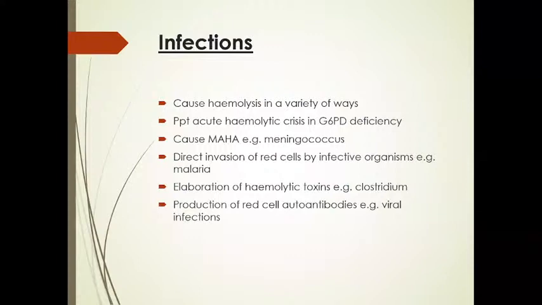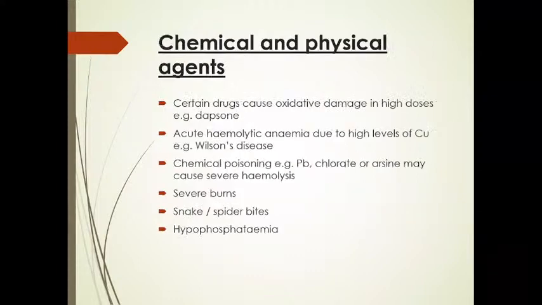So that causes hemolysis. Some bacteria, for example Clostridia, elaborate toxins that are hemolytic. Viral infections may result in the production of red cell autoantibodies, for example viral hepatitis, hep C, CMV or Epstein-Barr, or HIV, which I should have mentioned as well.